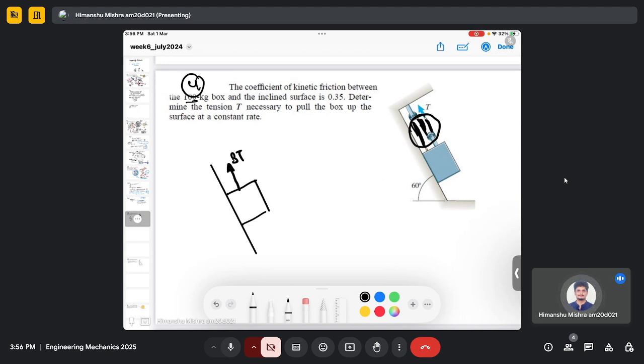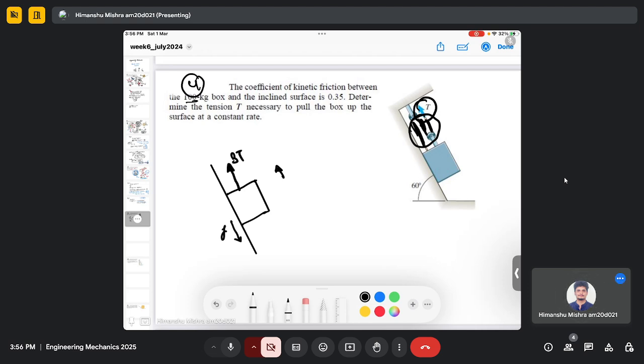Since you are pulling this box up, there will be a friction force here in the downward direction.